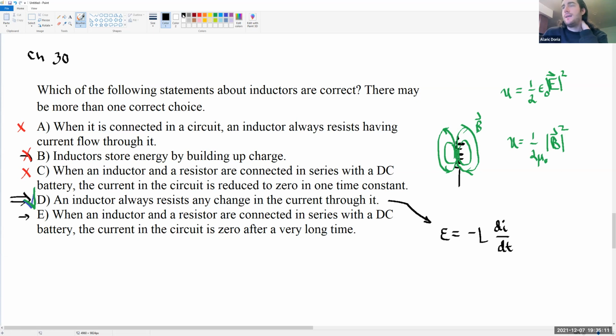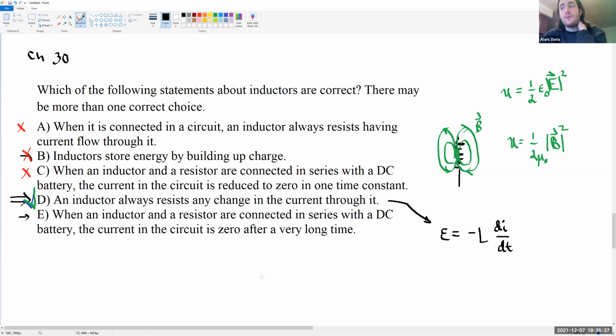Okay, and E: when an inductor and a resistor are connected in series with a DC battery, the current in the circuit is zero after a very long time. We already talked about this, so to me this sounds like a capacitor and a resistor connected in series. After a long time, the capacitor would build up charge on the plates and then there would be zero current.